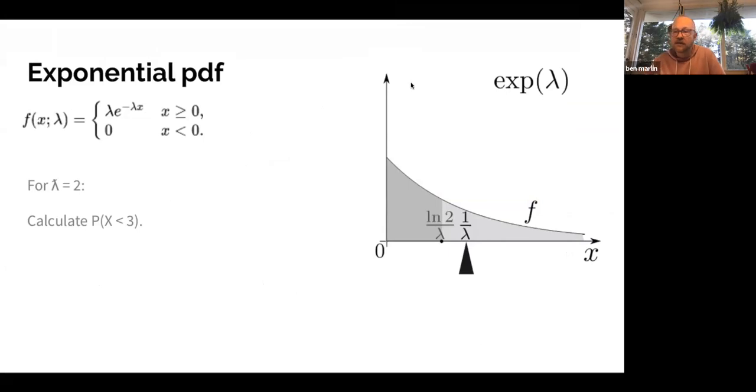All right, so here's an example of a different distribution. It's referred to as the exponential PDF. So the exponential PDF has as the model here a function for all x's greater than or equal to 0 that involves a lambda.